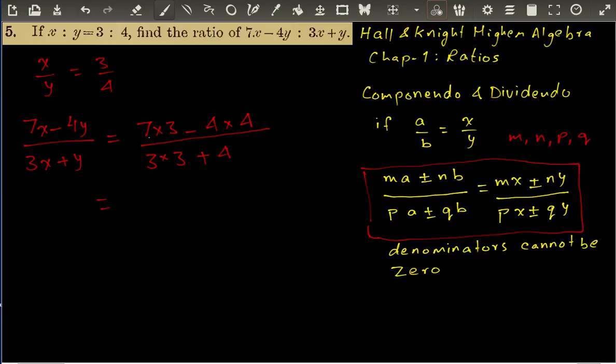So this will be equal to 21. 7 times 3 is 21. 21 minus 16 is 5. 3 times 3 is 9 plus 4 is 13. So we can straight away calculate the ratio of 7x minus 4y and 3x plus y. This ratio will be equal to 5 by 13.